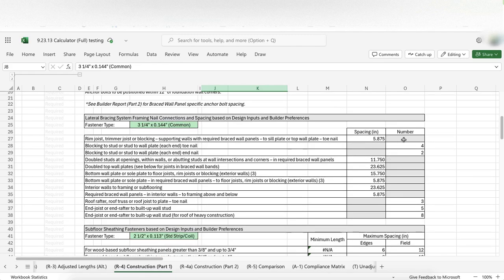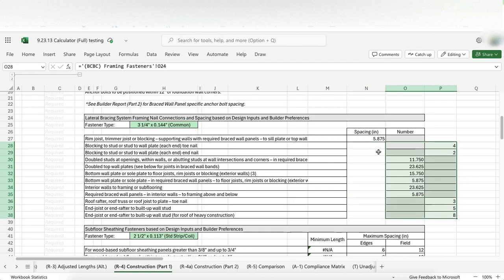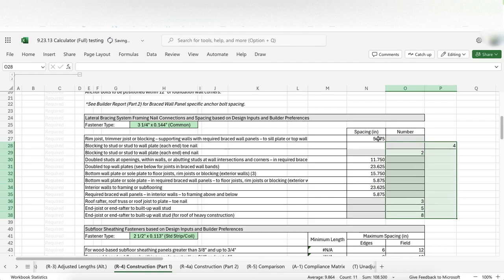I think that should be 6, but it might just be a bit of a calculation thing. This is pulling back the values that are actually in the building code tables. Admittedly, looking at this, this is meant to be 6 instead of 5 7/8. Anyway, I'll look at that. There's probably just a minor calculation error that's happening. But these are the code references that are in the table.